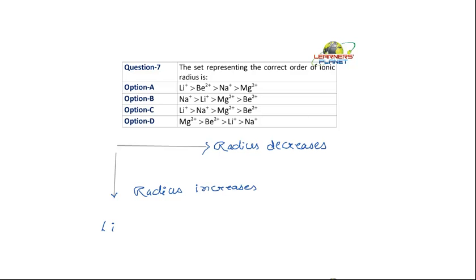Right? Now, what are the elements? Li, group 1, Be, group 2, sodium, again group 1, second period, third period.